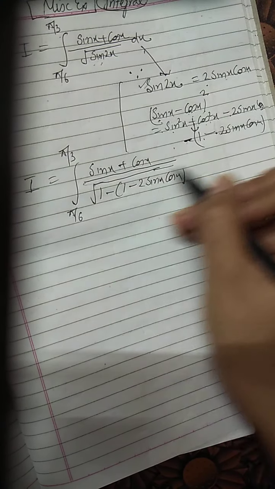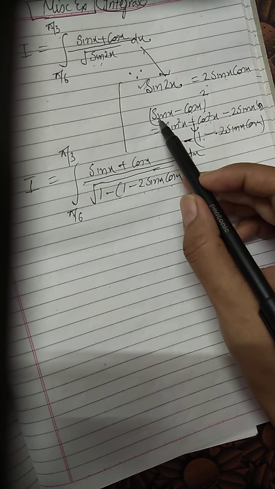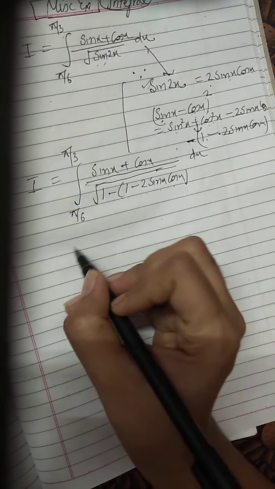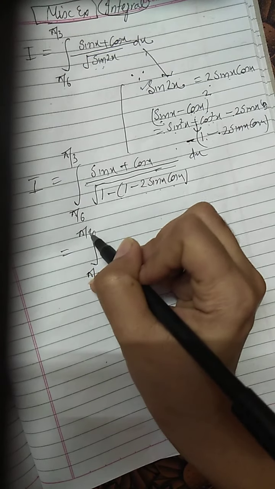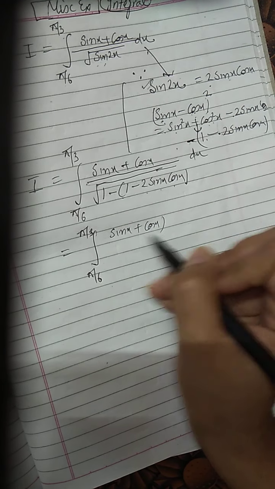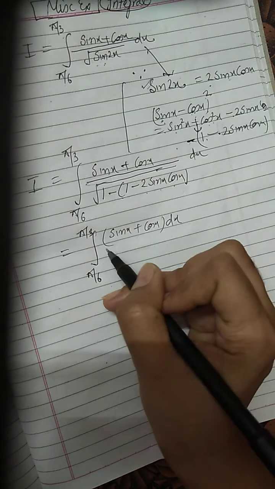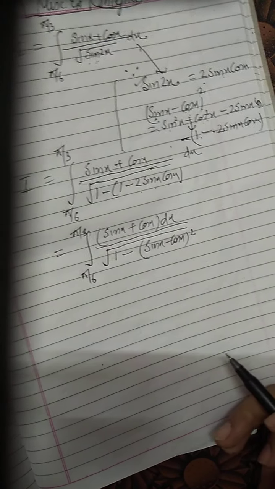Clear? And this 1 minus 2 sin x cos x comes from sin x minus cos x whole square. So we will write our integral from pi by 6 to pi by 3 as sin x plus cos x dx divided by root of 1 minus, and this bracket I will replace by sin x minus cos x whole square.